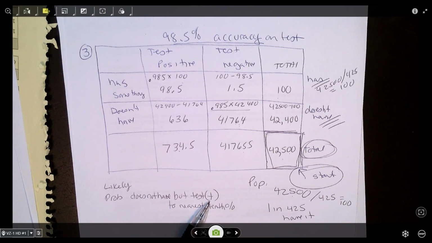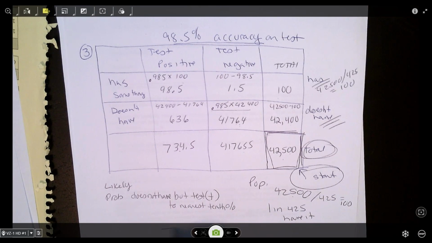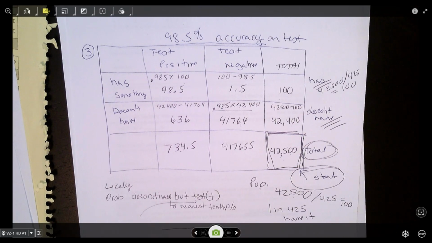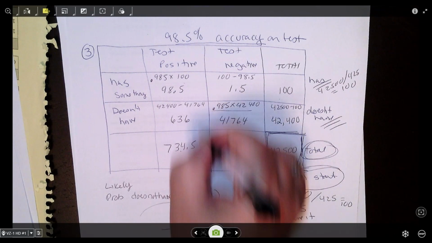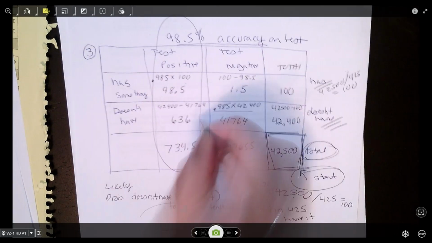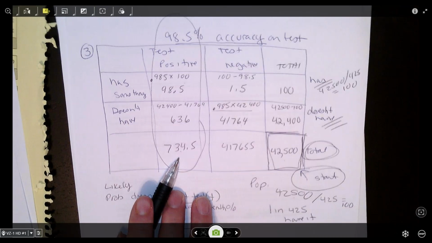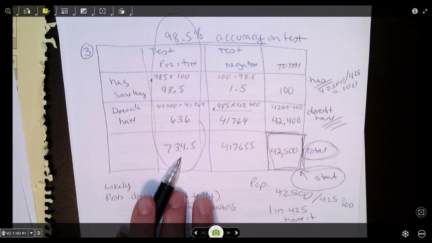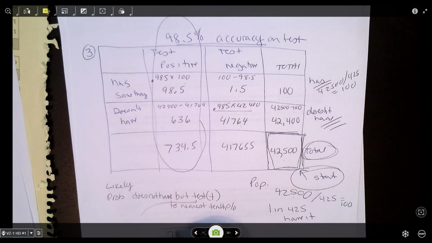So this is our conditional probability. We have to start, they tested positive. So what is our denominator? How many tested positive? What's our total right here? 734.